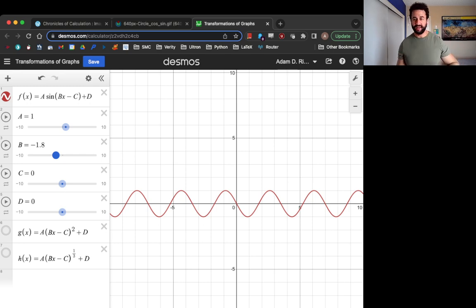So stuff to ponder, right? You always want to ask, when am I going to use this in life? Why should I care about this? Why is this important? Why am I learning all of this stuff? Well, you're learning it because it's going to give you an incredible ability to describe things that are oscillating, even if it's sounds or anything like that. It's insane how applicable trigonometry is.